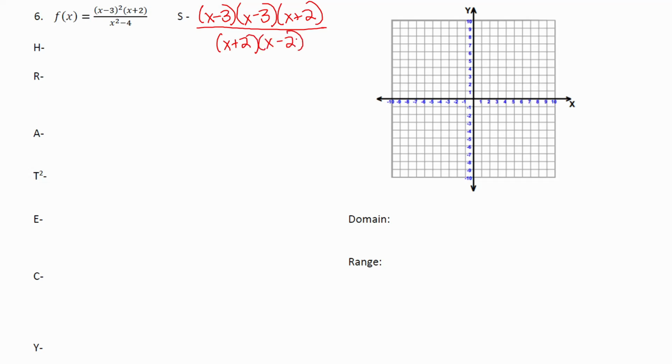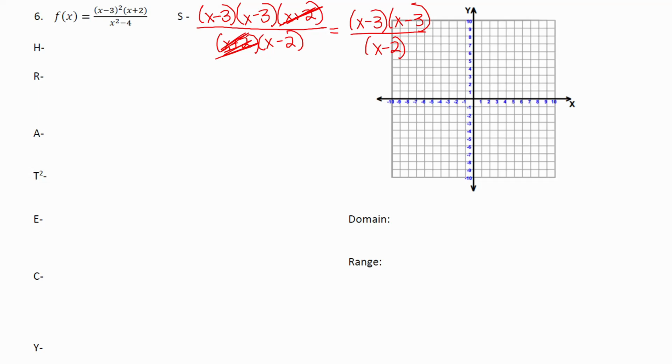Now, notice, we have something on top and something on bottom. So we got to cancel both of them. And then I'm going to rewrite my problem. I have x minus 3 on the top, and x minus 2 on the bottom. Okay?